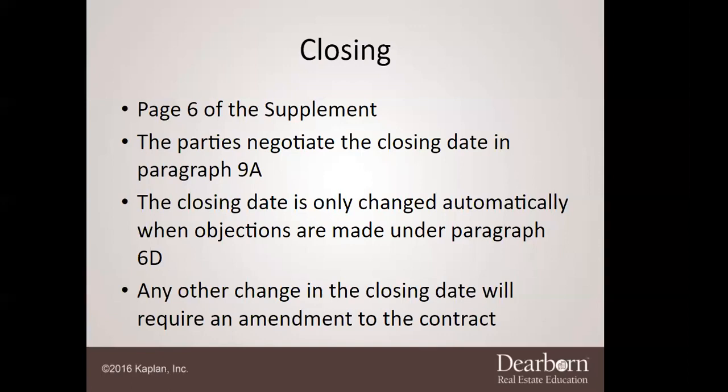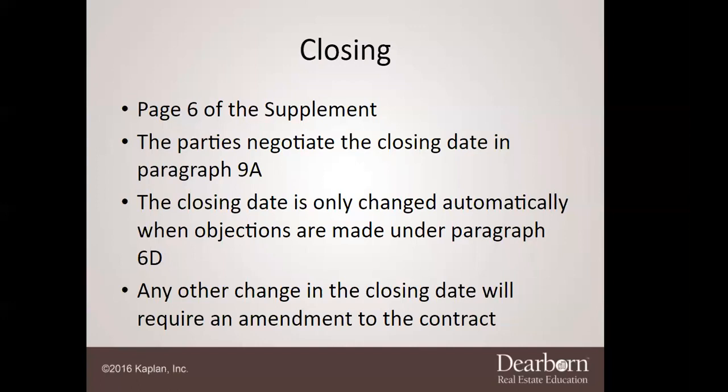When we're talking about closing, the parties can negotiate the closing date in paragraph 9A. That's where we negotiate when our closing date is going to be. The closing date is only changed automatically when objections are made under paragraph 6D. If there is an objection, like we saw in the other class, there can be an automatic extension, but that's only if objections are made under 6D.